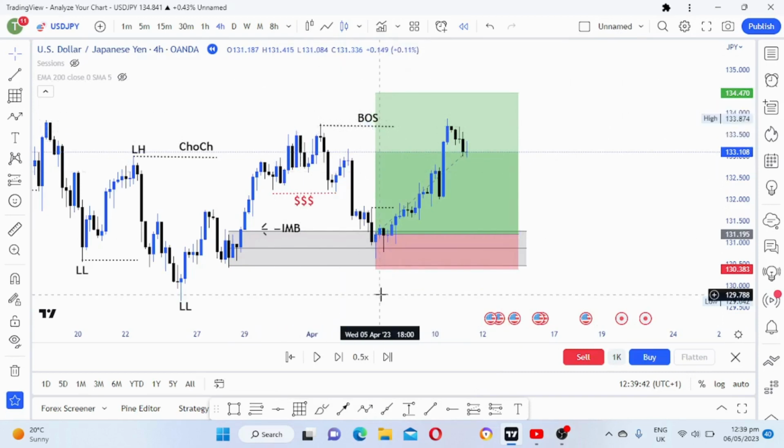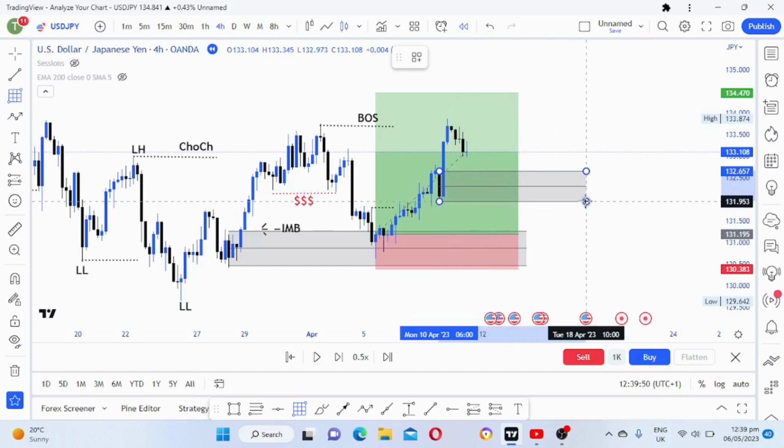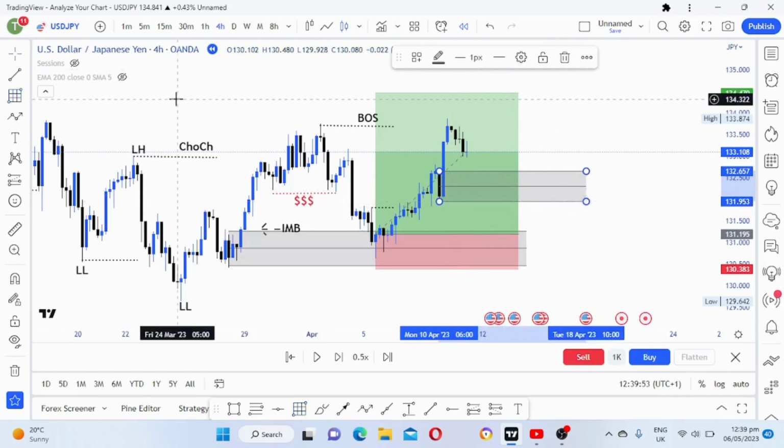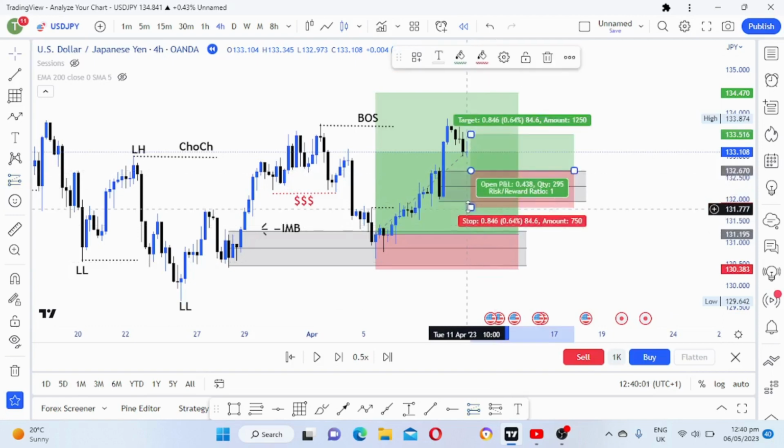And we come here and draw another zone for our second entry. Now, where will our second entry be? Our second entry will be either at this supply zone here, with the stop loss slightly below this zone.